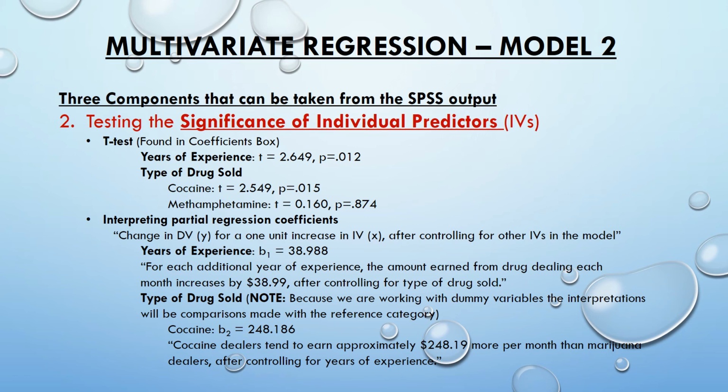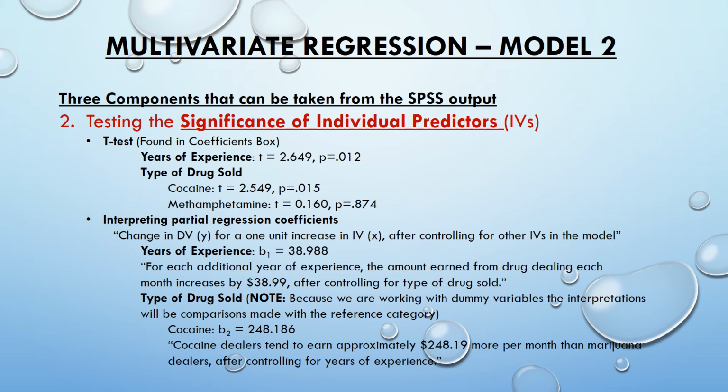So by looking at the coefficients box and then the t-test for each one of the independent variables, we can see which independent variables are contributing to the overall association and explanation or prediction for the outcome variable, the dependent variable. So years of experience, you'll notice that it has a t of 2.649 and a p-value of 0.012. Because it's less than 0.05, that is in fact a significant association.